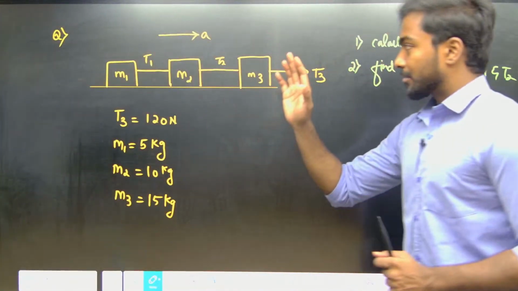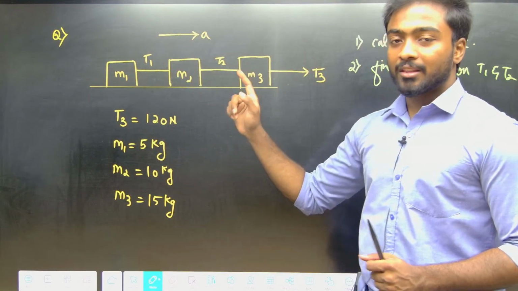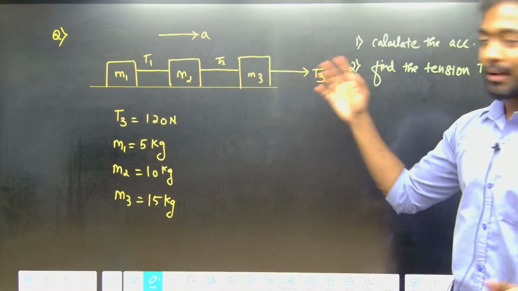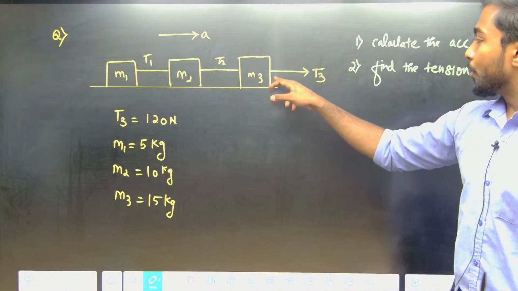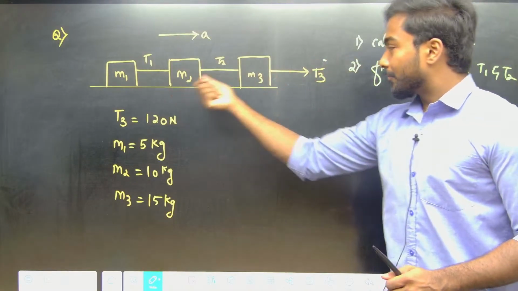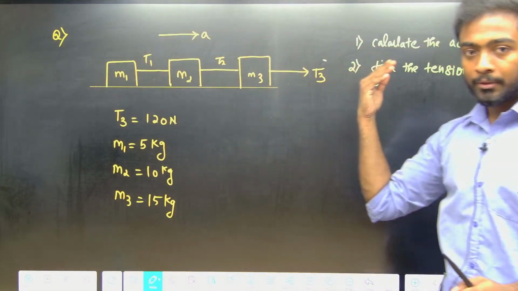Right now, there are 3 blocks. In between the blocks there is a rope, so normal force is not there, tension will be there. When the external force, or another rope, is pulled like this, that is nothing but T3. When we are pulling the blocks like this, acceleration also will be in the same direction, right?